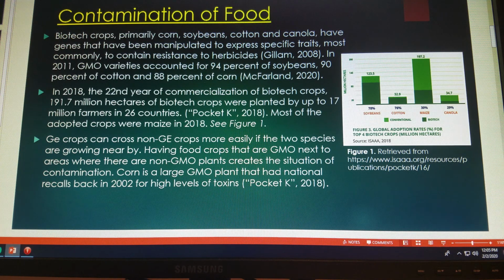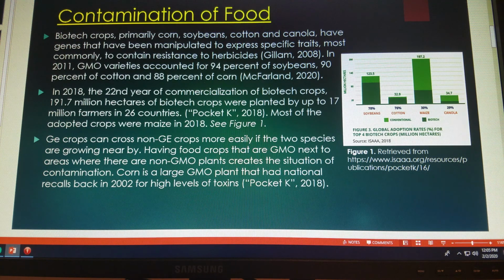The crops that can have these GMO products are primarily corn, soybeans, cotton, and canola oils. They have genes that have been manipulated to express specific traits, and most commonly contain herbicides that have been injected into them.